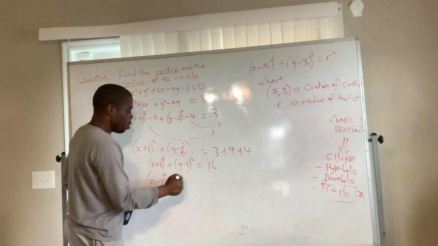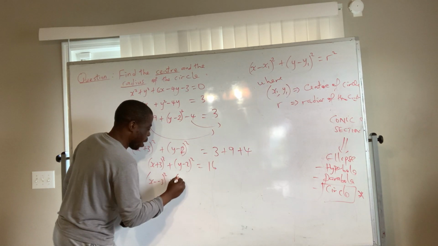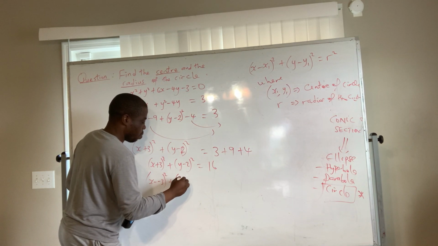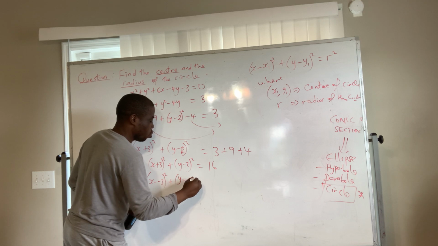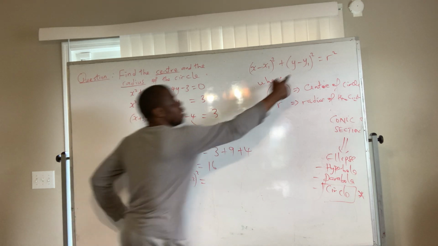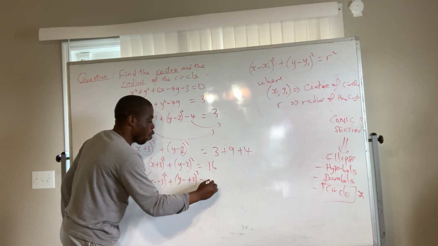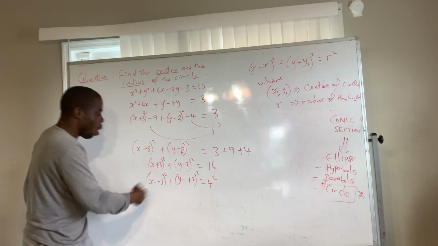Then y, so I have my y here, minus plus 2 squared. 16 is r squared, I can express my 16 as 4 to the power 2. Why am I doing all this?